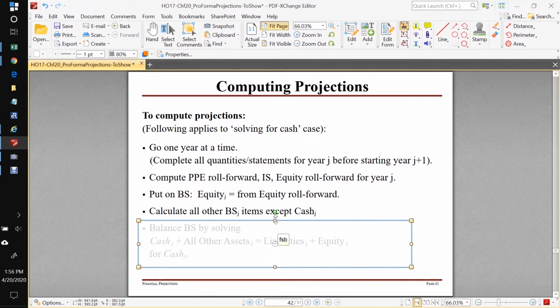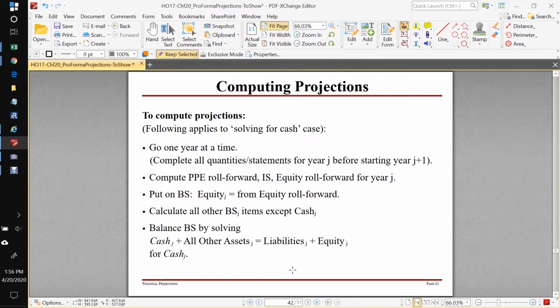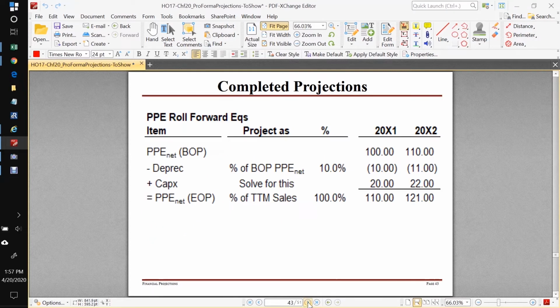And then we can solve for the cash on the balance sheet using our second accounting equation here, that assets equals liabilities plus equity at all times under all circumstances. And if we expand that out, assets are equal to cash plus all other assets equals liabilities plus equity. So we could subtract all other assets from both sides, and then we would get cash equals liabilities plus equity minus all other assets, solve that for cash, and that's going to be it.